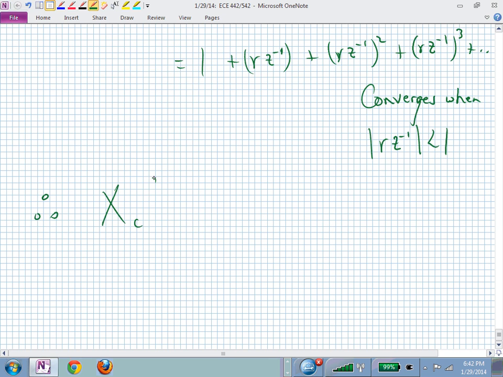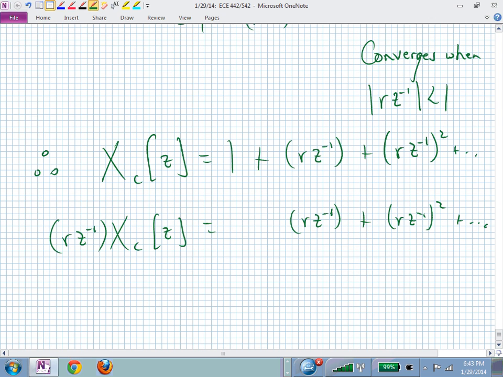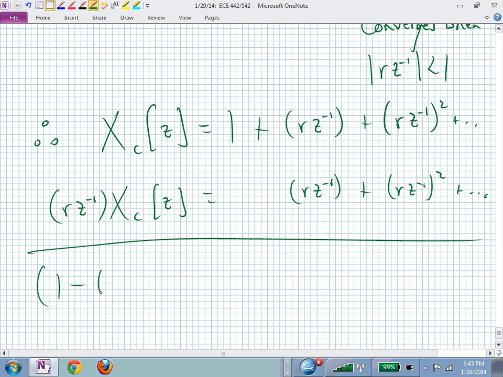But we now know that we have capital X sub c of z is 1 plus r z to the minus 1, plus (r z to the minus 1) squared, etc. Now we just hit that with that common ratio, and now we have what we're used to seeing: 1 minus r z to the minus 1, times capital X sub c of z, is equal to 1.